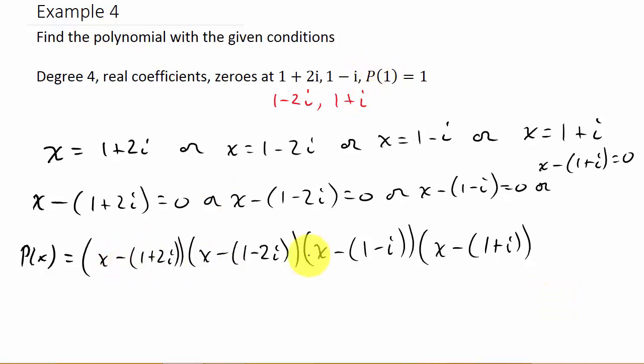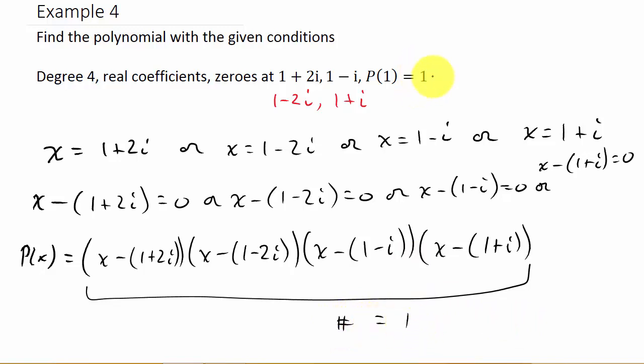I don't know what number I'll get, but it may not equal 1, so I can multiply by some number a, chosen so that a times whatever this is gives 1.